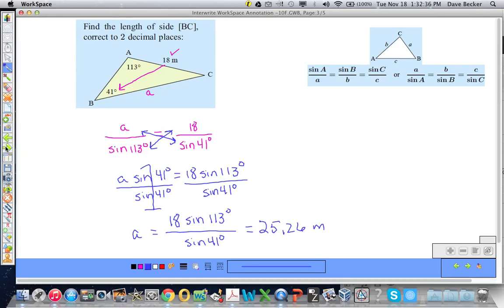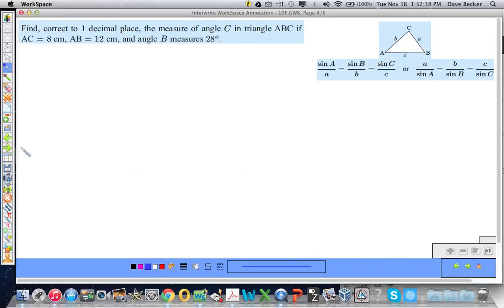Let's go on to the next one, where we're asked to find an angle. They're not always going to give you the triangle, so you might have to draw your own. Find, correct to 1 decimal place, the measure of angle C in triangle ABC if AC equals 8, AB equals 12, and angle B measures 28 degrees. You can sketch any old triangle, but I'm going to try to do it somewhat to scale.